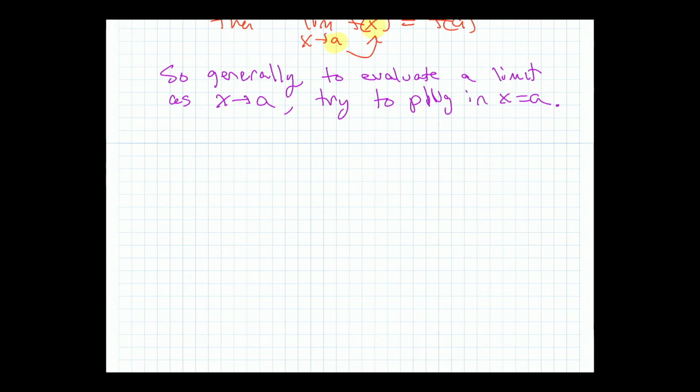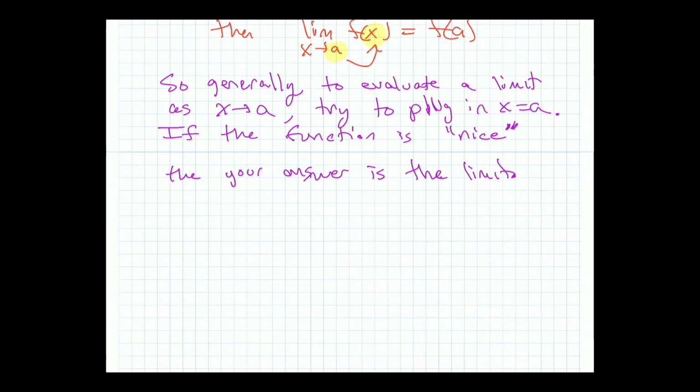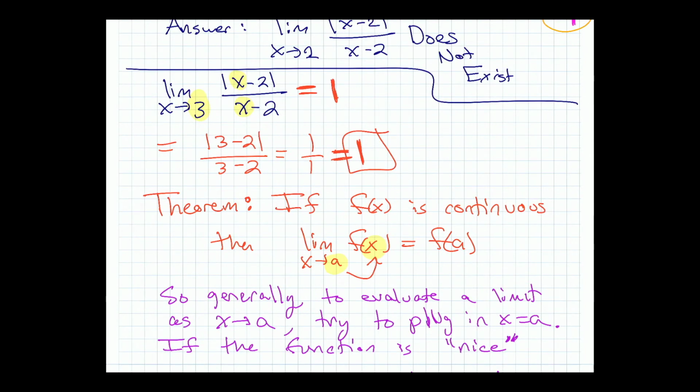If your function is fine with that because it's continuous at a, which means no holes or anything going wrong there, then if you get a number, that's going to be your number. If the function is nice, which means continuous, then the number you get, your answer, is the limit. And that's what we did right here.